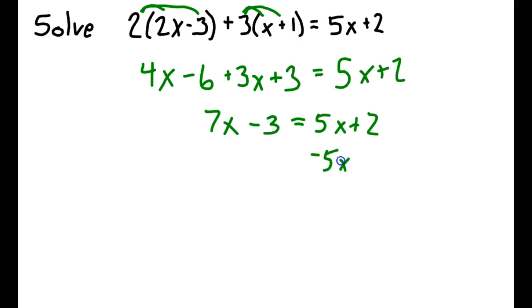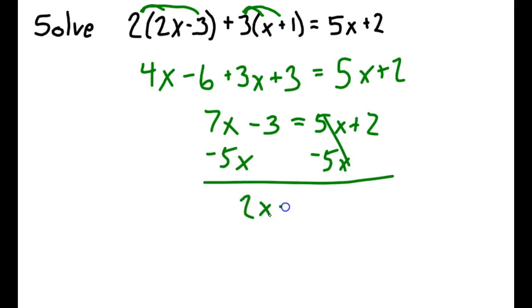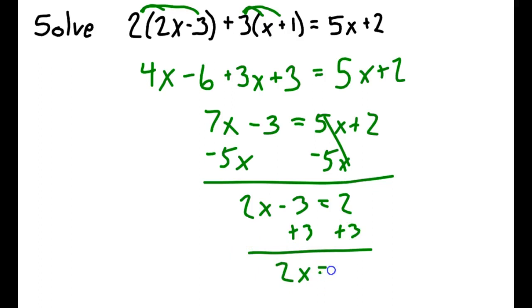So I can subtract 5x over, which leaves us with 2x minus 3 equal to 2. Add 3. 2x equal to 5. And then the last step, divide by 2. So we get x equals 5 halves.